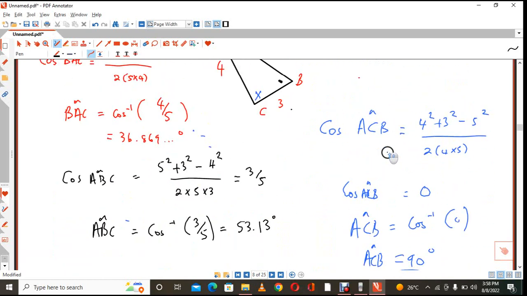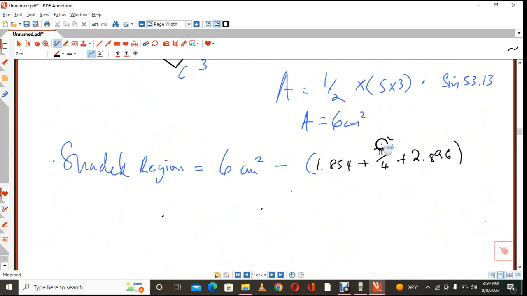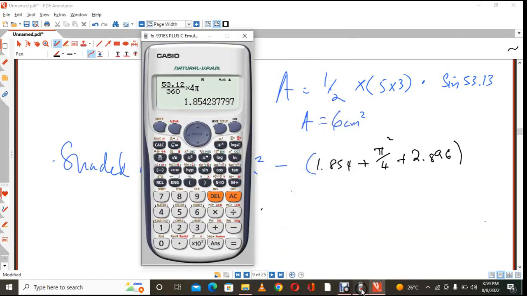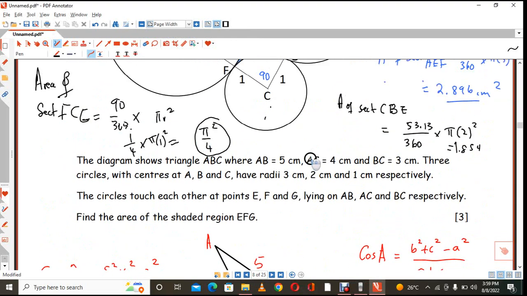Okay, so let's just go back. We have got the area of one, the area of the other one. So if we break our calculator up, it's going to be 6 minus 1.854 plus 2.896 plus... I just want to see if we can get to the same answer.